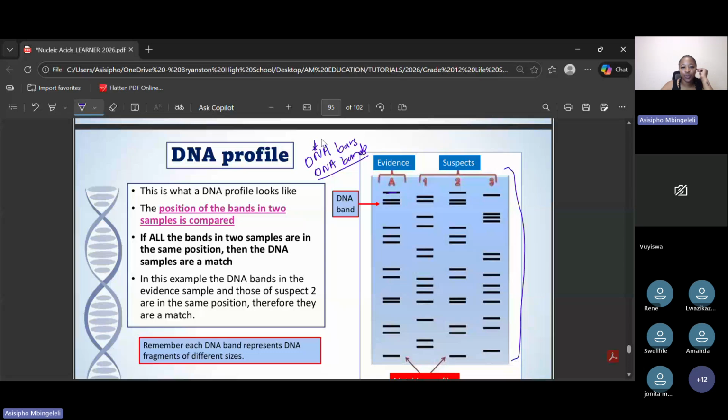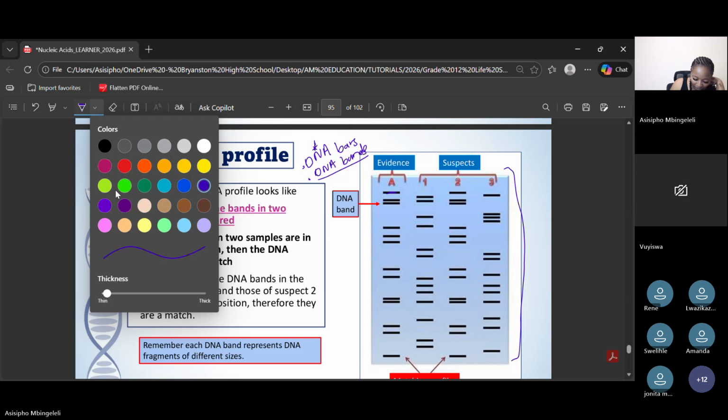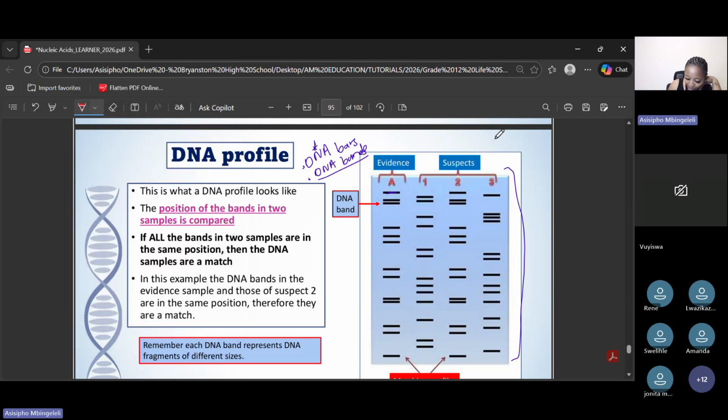Now, what do we do here? We compare the position of these DNA bars and DNA bands. So if, for example, I'm going to change my color so that this can be visible. Okay, if we look at this DNA band over here, this first one, we are going to compare it with the same position of the suspect.